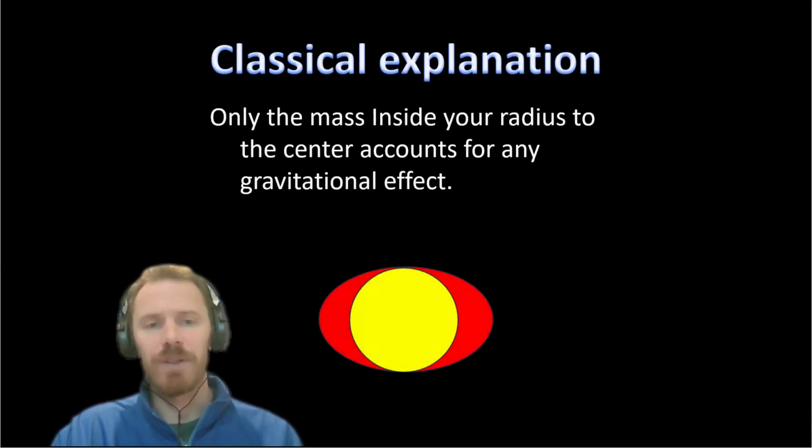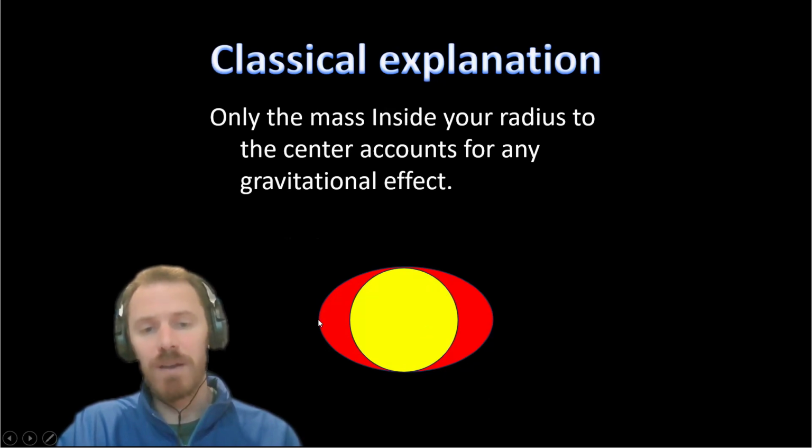So how do we account for this? Well, the classical explanation for this is that we're only taking the mass inside the radius to the center, which accounts for the gravitational effect. So if we're standing on the poles, then we're only taking the radius underneath our feet as the mass, which is contributing to the gravitational effect. We're excluding all this additional mass, which is not inside our radius.